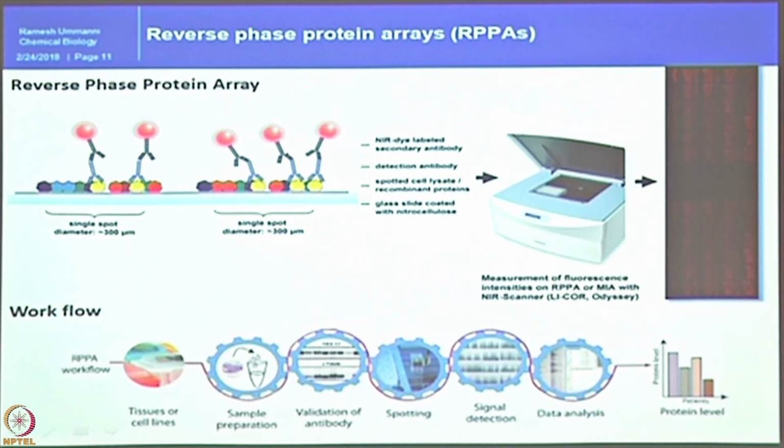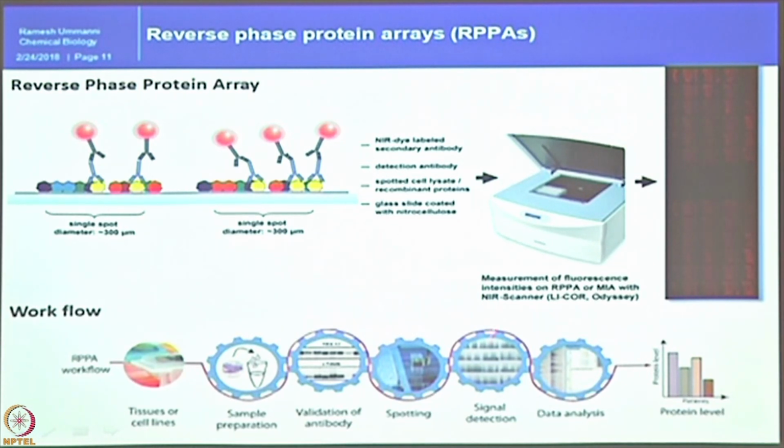Here is the complete workflow. I will walk through this complete workflow in the next 1 hour, step by step. First is tissues or cell lines, what kind of samples can be analyzed, what are the different methods to apply for sample preparation, and then how to choose the antibody, what steps to take care of while selecting antibodies for RPMAs, and how to avoid issues later on.